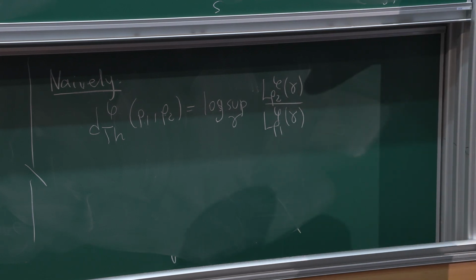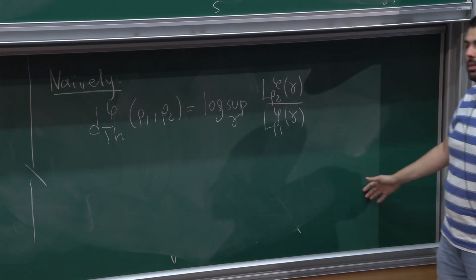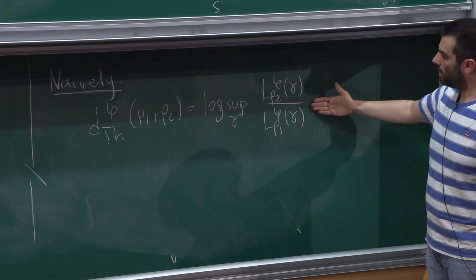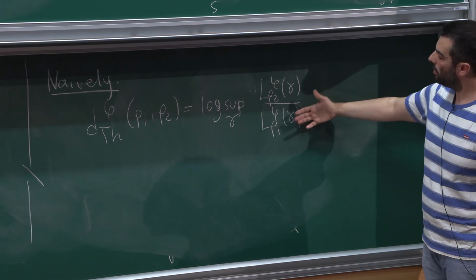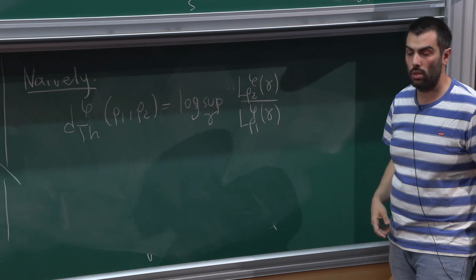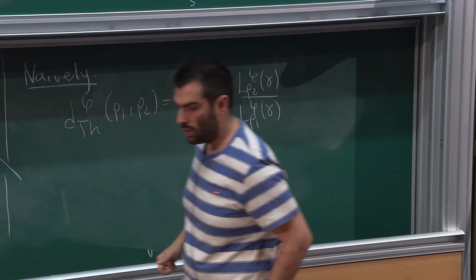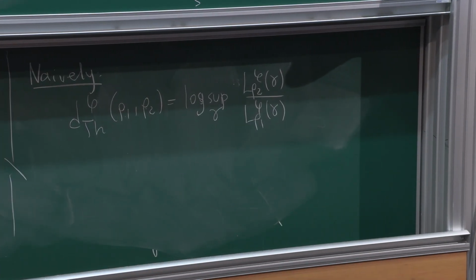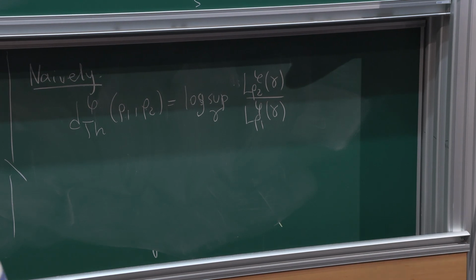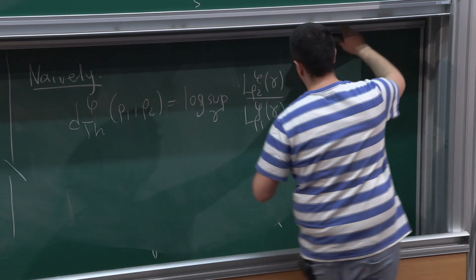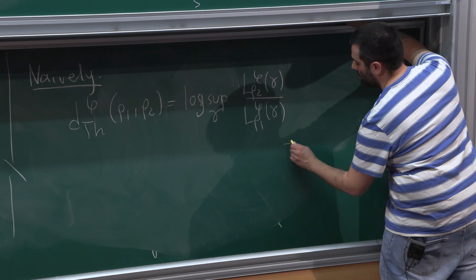But the problem is that this number can be negative, okay? Because there exist concrete examples of representations rho 1 and rho 2 for which you have strict domination. So this is due to Tholozan, at least.